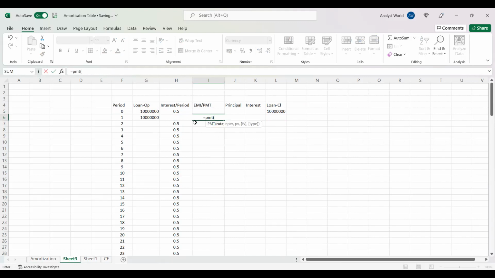Rate is 0.5. The number of periods is 120. It should be 0, and then once again 0.